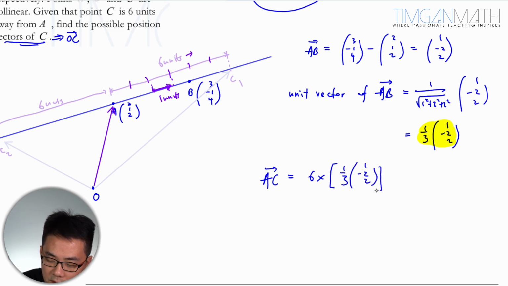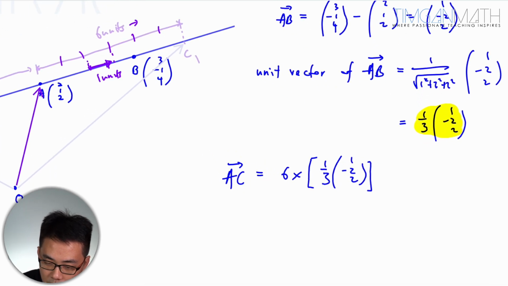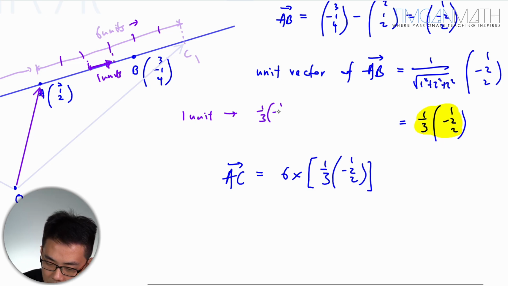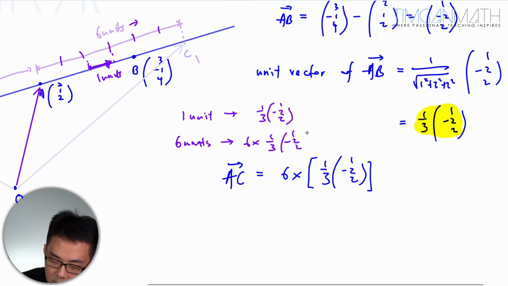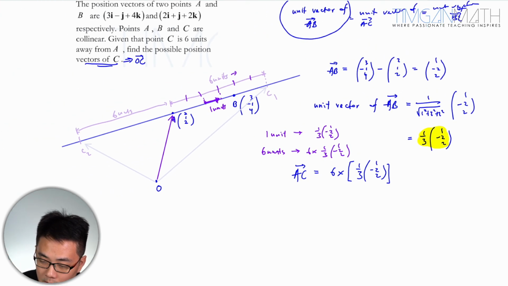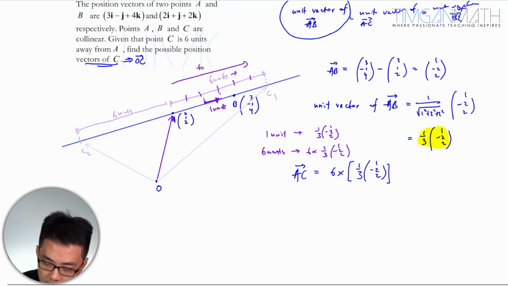It's just direct proportion. If 1 unit is 1/3, 1 minus 2, 2, then 6 units will be 6 times 1/3, 1 minus 2, 2. So this is 6 units here.